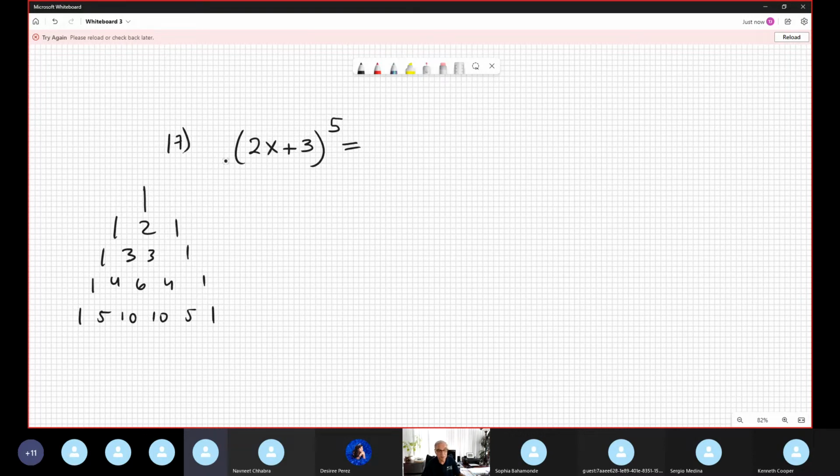The next is the 6th power, and so on. So this is the coefficient we are using in this question, 17.